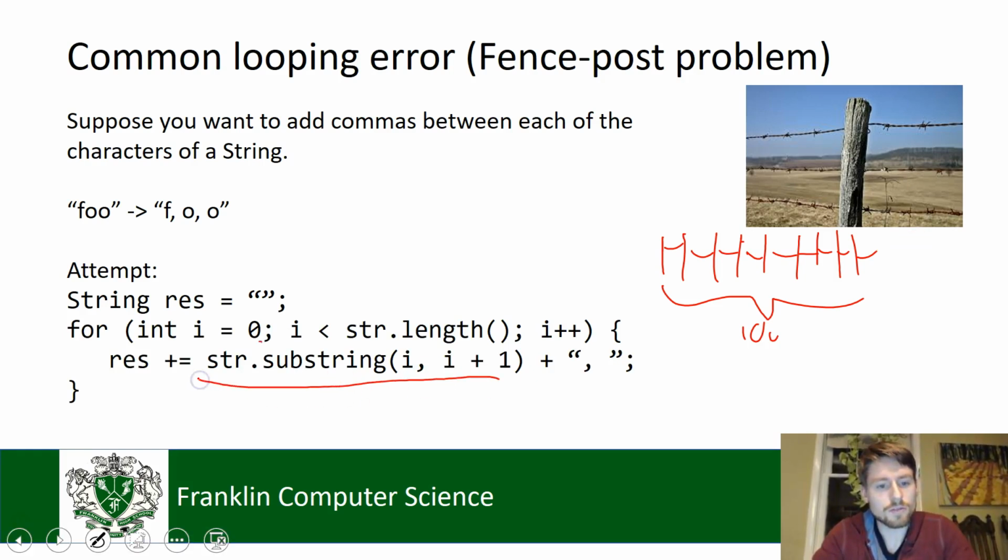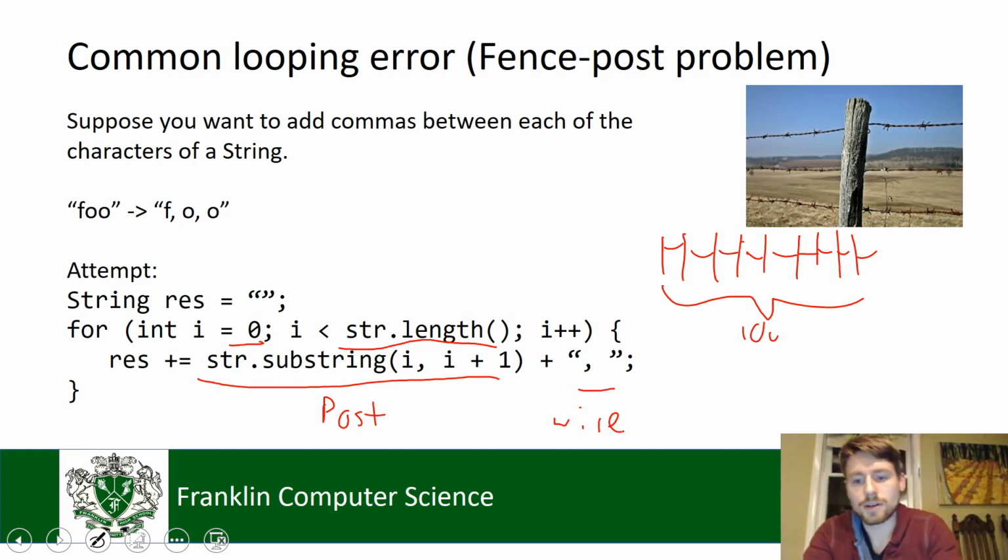So we're looping over each of the letters, starting at 0, going less than length. We're gluing that letter followed by a comma with a space. So you can think of the letter as a post, and then these commas are the wires connecting each of the posts. And so what do you think is going to happen if we were to run this code?